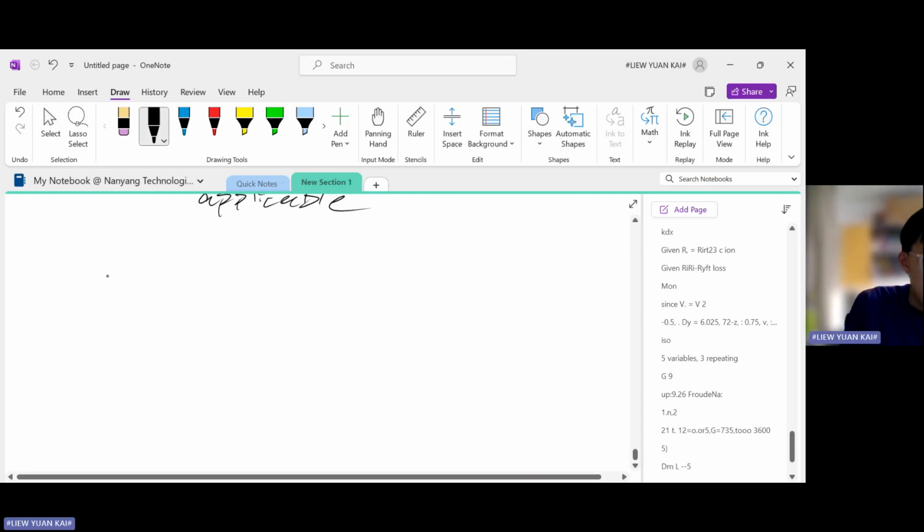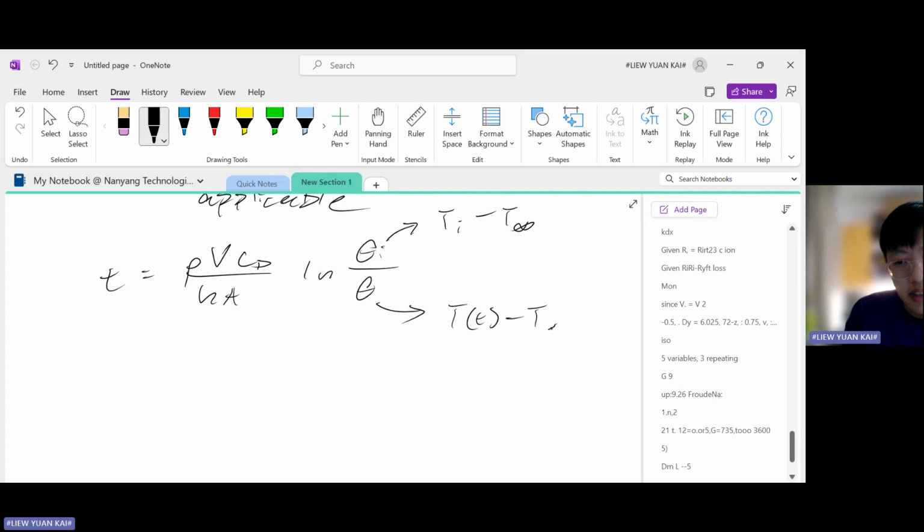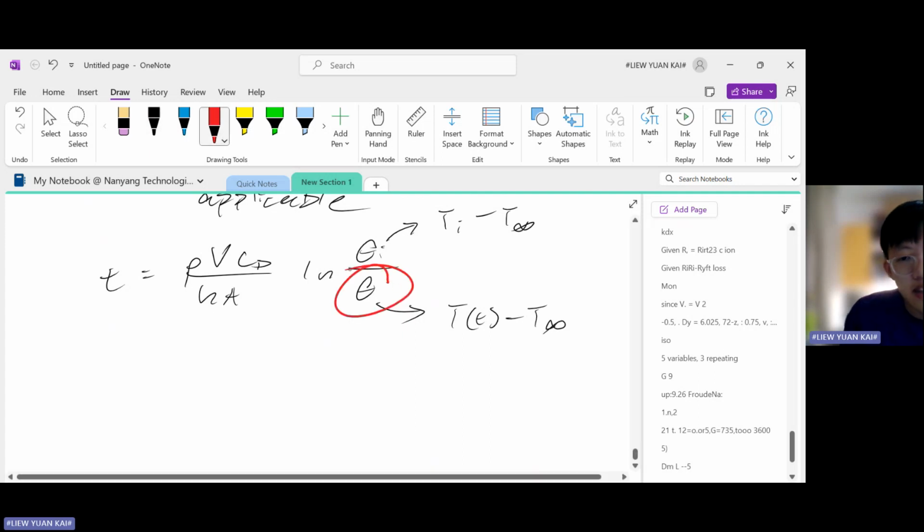The formula for time is given as this, where theta i is given by Ti minus T infinity, and theta t is the temperature at time t minus T infinity. Actually, the theta here at the bottom is a function of time, so there's an invisible t here.